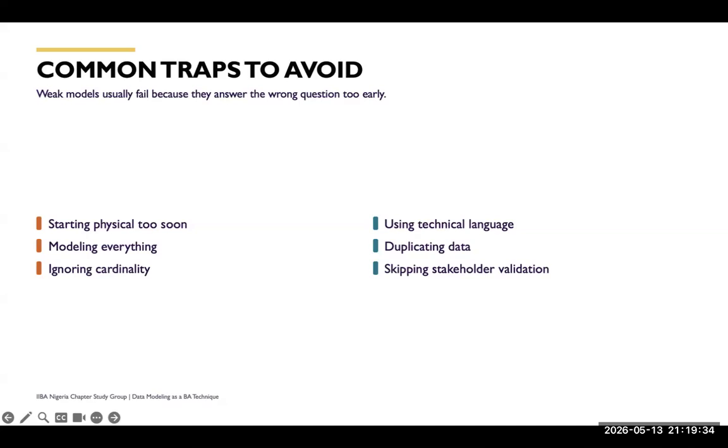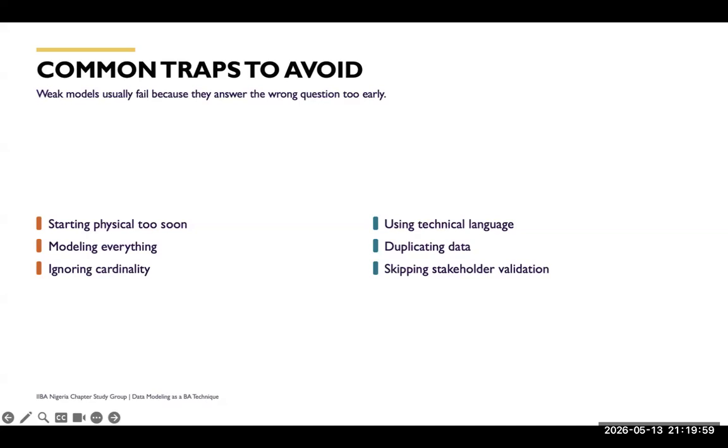If in your hospital, in your GP, a patient is not allowed to have more than 2 appointments, that can be modeled. You need to show the instances. Is it 1-to-1? Is it 1-to-many? Is it 0-to-many? You need to ensure that cardinality is not ignored, because then you're hiding your business rules.